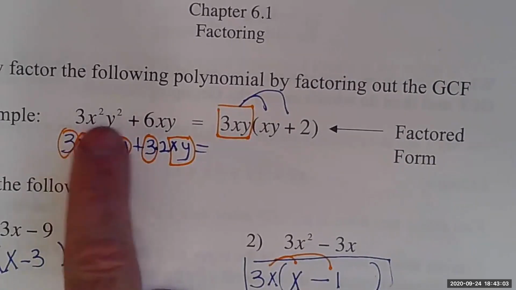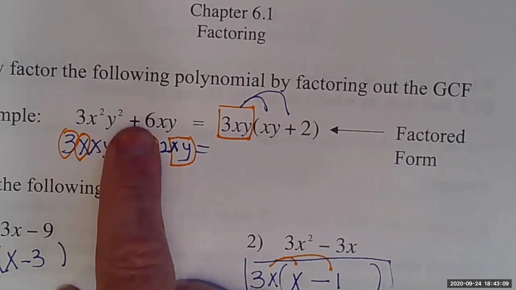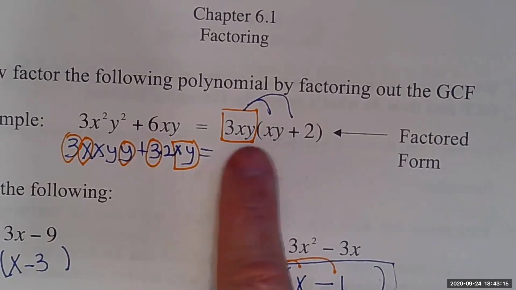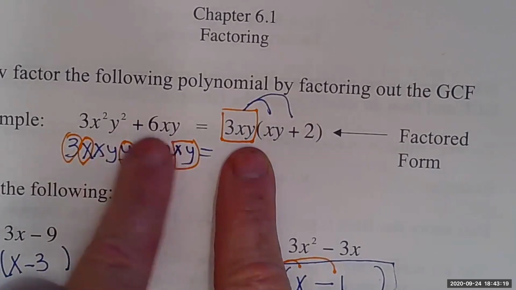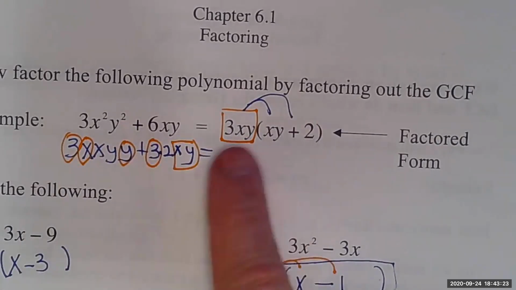Yeah. So this was the answer in chapter 5, and this is your answer in chapter 6. This is how you started in chapter 5 to get your answer over here. So now we're starting this way and we're going backwards.